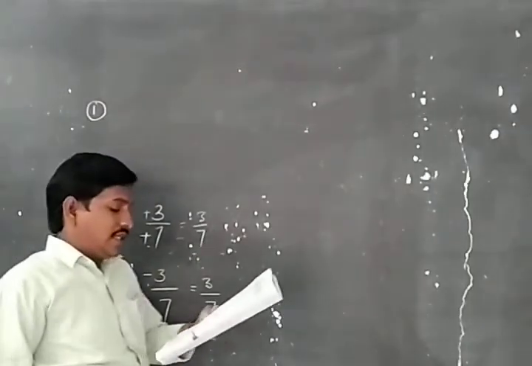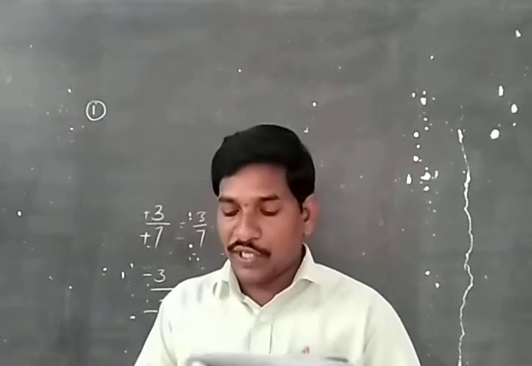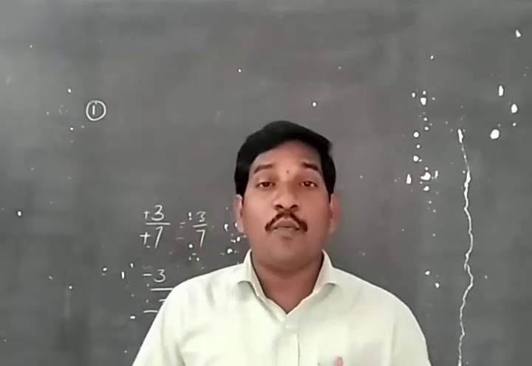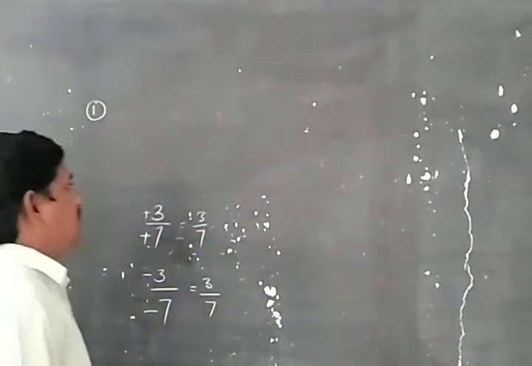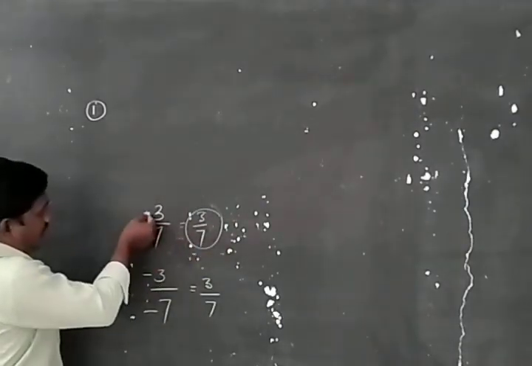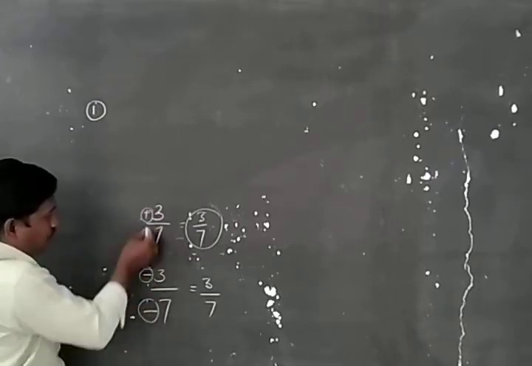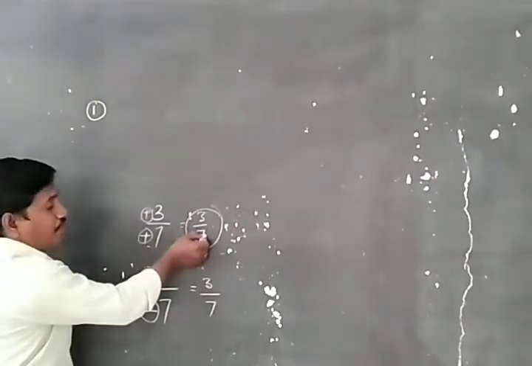So, from that, if numerator and denominator are either both positive or both negative, then the number is positive. What is the answer? Positive. When both are positive, this is a positive rational number.